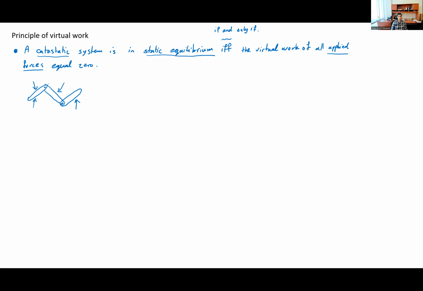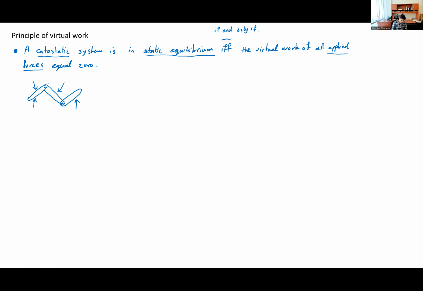If you want the system to be in a static equilibrium, we don't need to worry about the reaction forces. Somehow we can only work with applied forces. If we want to go back to the Newtonian view, we have to draw a free body diagram of each body, include both the applied forces and reaction forces, and make sure the acceleration of each body is 0.